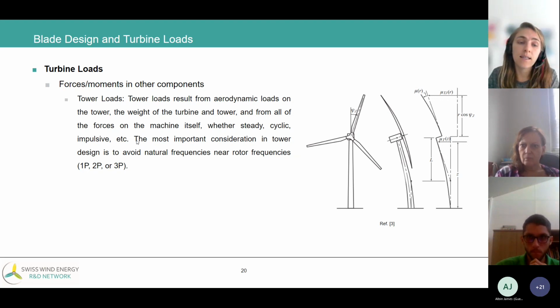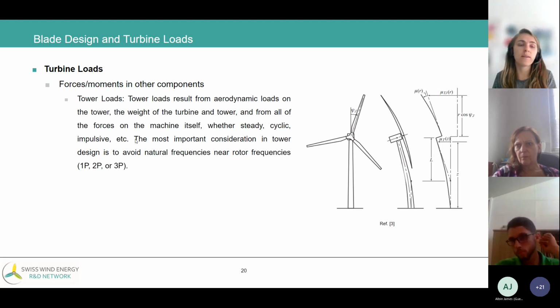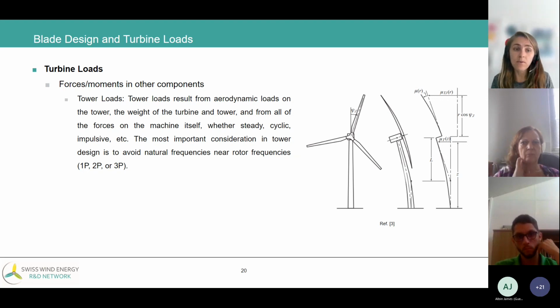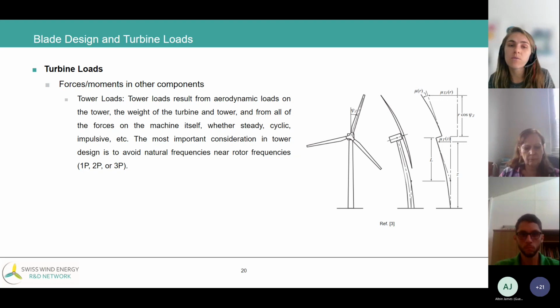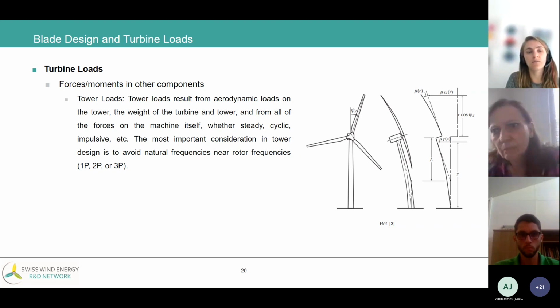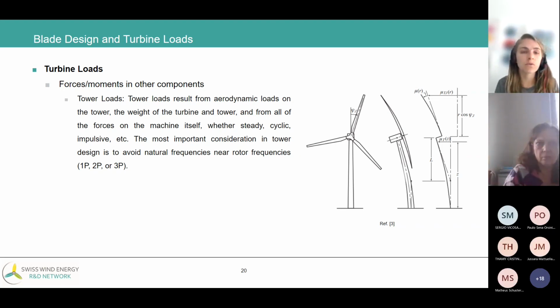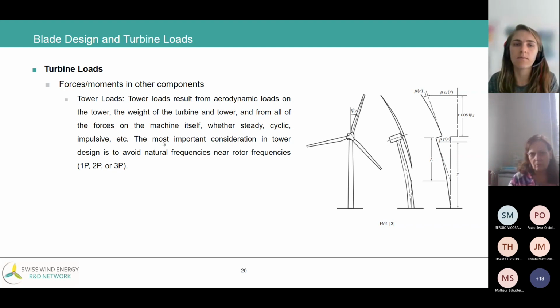And the most important thing to take into consideration in the tower is the natural frequencies, because it's very easy to be close to the frequency of the rotor or the second frequency of the rotor. You can be close, but you cannot be operating at this frequency, or you need to use some control feature to avoid this. So basically this. Would someone like to say something here? No.